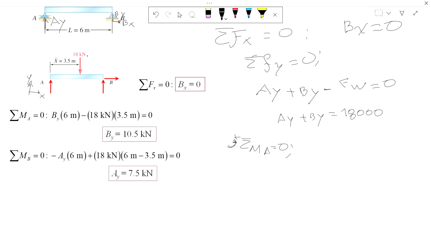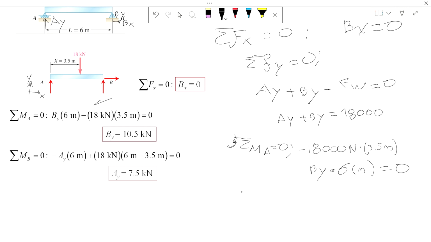So 18 kilonewtons is negative, so negative 18,000 newtons times 3.5 meters, and BY times 6 meters is equal to 0, which is this equation right here.